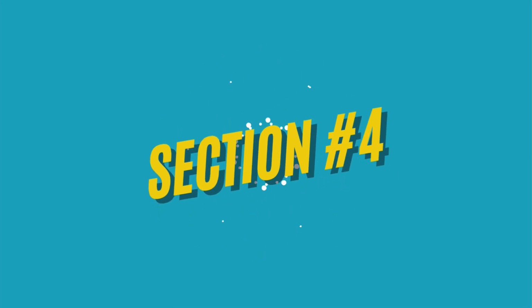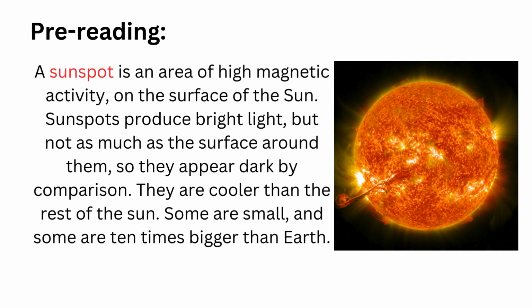Section 4. Pre-reading. A sunspot is an area of high magnetic activity on the surface of the sun.